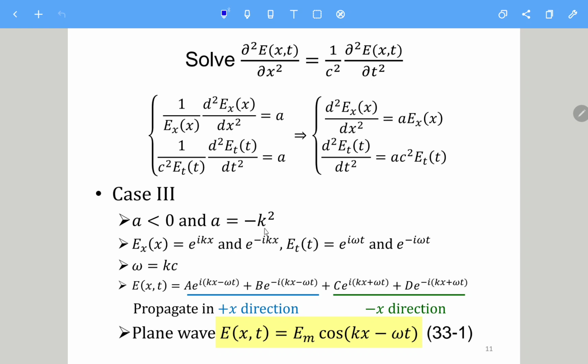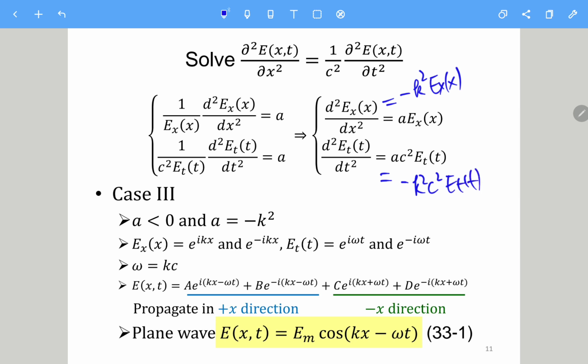We assume that k is a positive value, so this one is always negative. Okay, so we can just plug this back to here. So it equals negative k squared ex of x, and this one equals negative k squared c squared et of t.